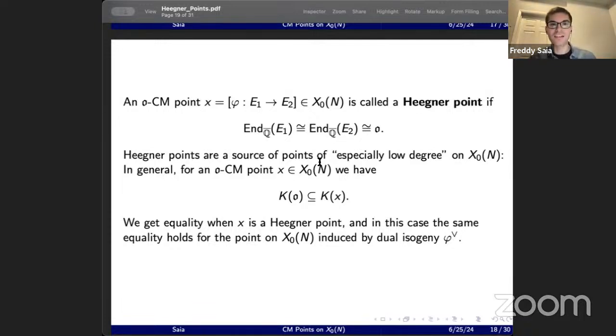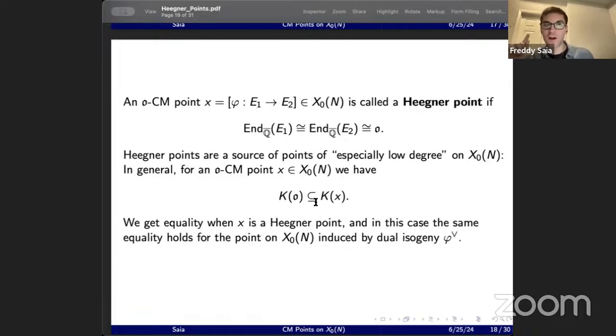Well, if you take any O-CM point, by what we've said before, its residue field over K, let's adjoin the CM field, definitely contains this ring class field. So this is K adjoin the j-invariant of E1 or of E2 here, if it's a Heegner point. And so this is as small as it could be. And when x is a Heegner point, you actually get an equality.